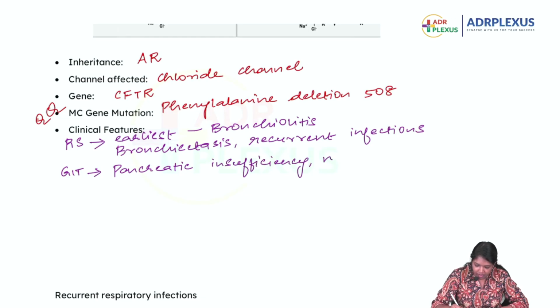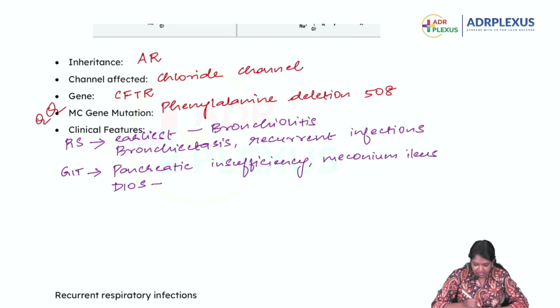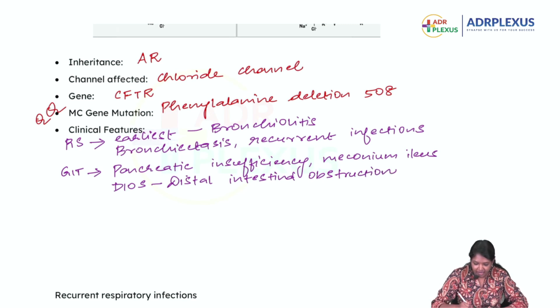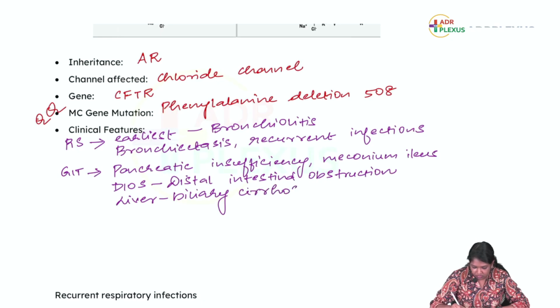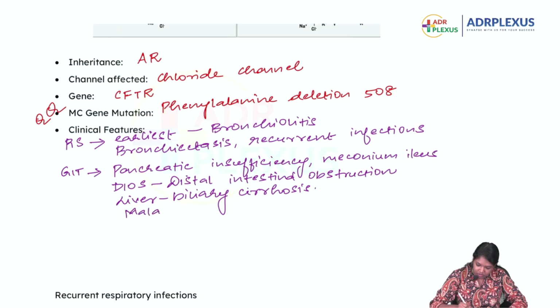In the newborn period, meconium ileus, obstruction because of meconium. And there is something called DIOS, distal intestinal obstruction syndrome. It can also cause liver cirrhosis and biliary cirrhosis because bile is not excreted in the liver, because of pancreatic malabsorption.